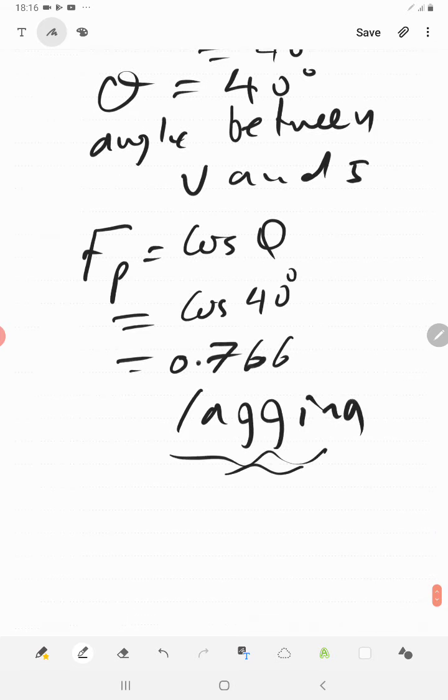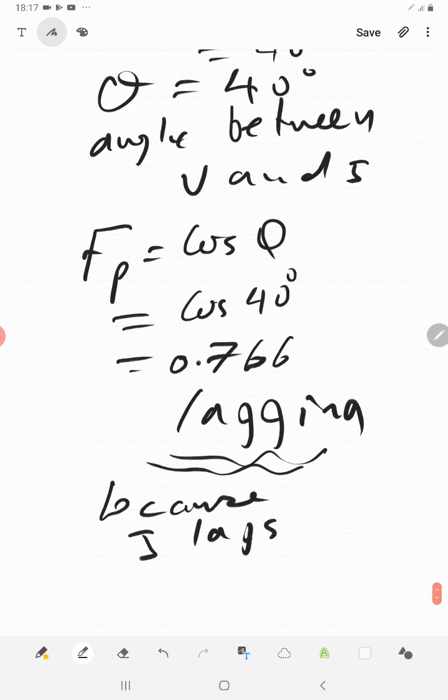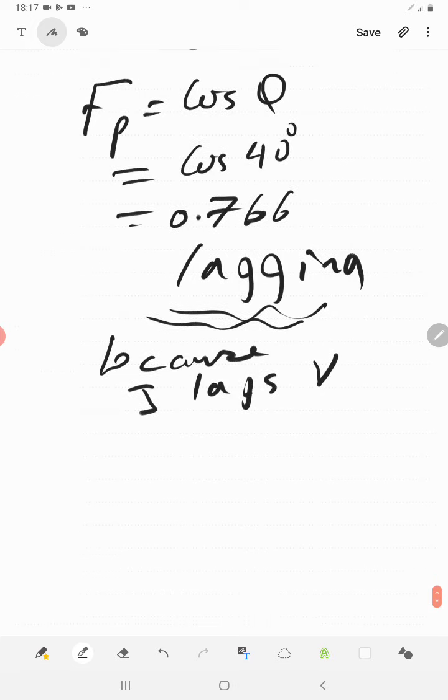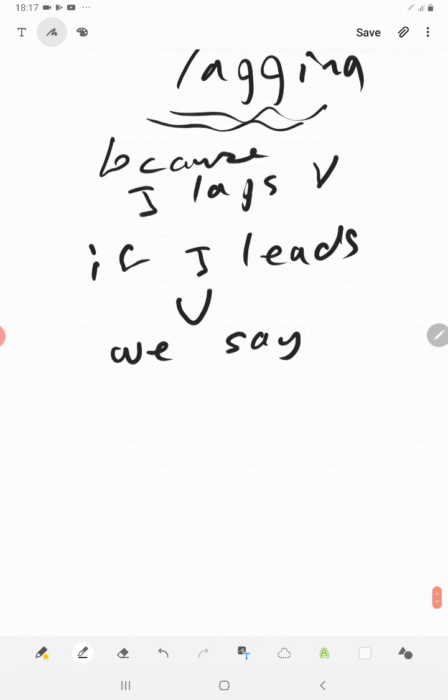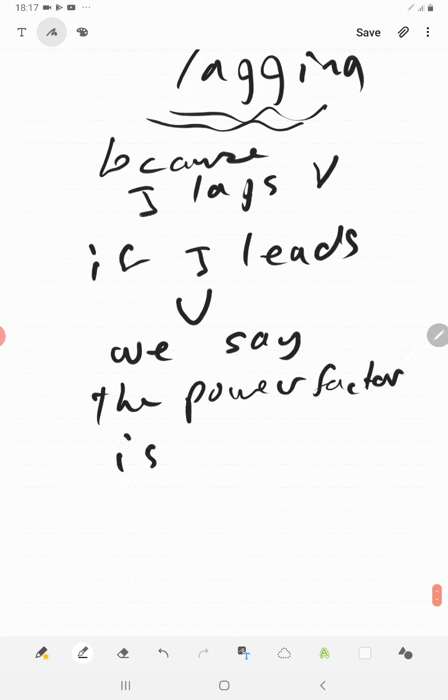Lagging because I lags V. If I leads V, we say the power factor is leading.